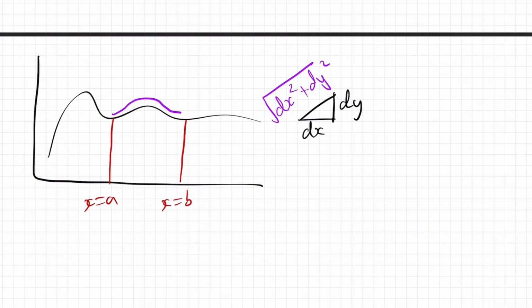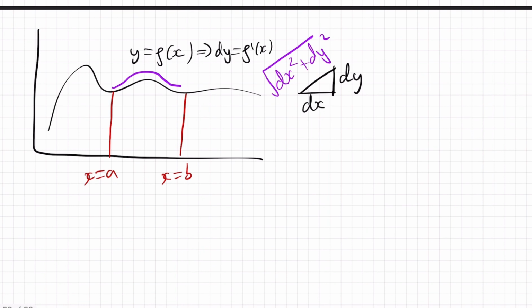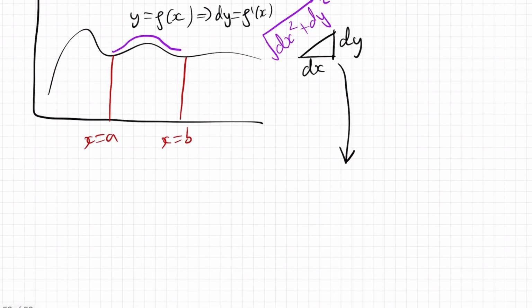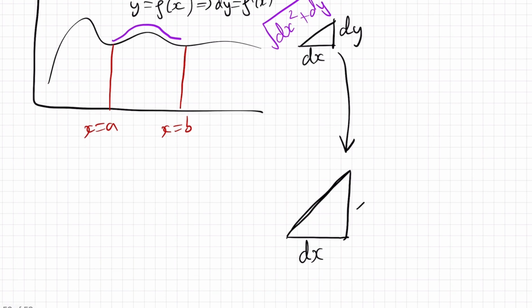And usually your function is actually given in the form y equals f of x. So when this happens, it's really easy to find dy, because dy is just going to be equal to the derivative of f of x. So we can actually use this to create a generalized function, which is going to be in this form. So we have dx still on the base, but for the height, we can just write this as the derivative of f of x.